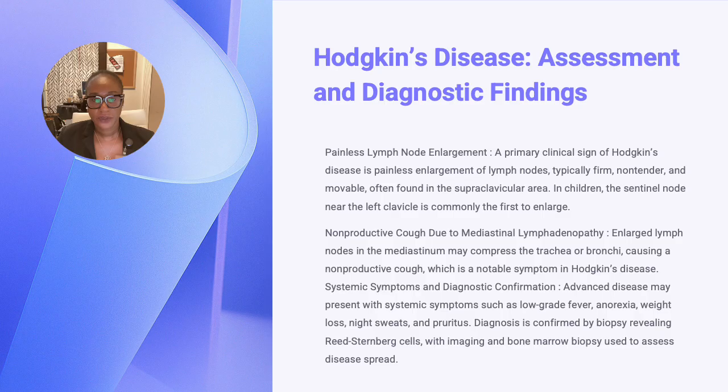Advanced lymph node and extralymphatic involvement may cause systemic symptoms such as low-grade or intermittent fever, anorexia, nausea, weight loss, night sweats, and pruritus. Positive biopsy specimen of lymph node with the presence, of course, of Reed-Sternberg cells, and positive bone marrow biopsy specimen. A CT scan of the liver, spleen, and bone marrow may be done to detect if there's any metastasis.